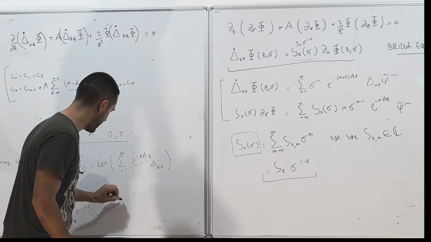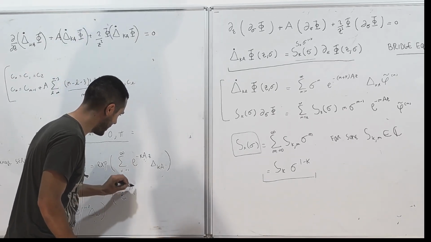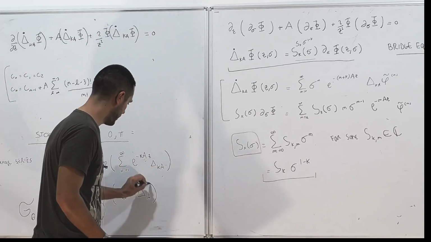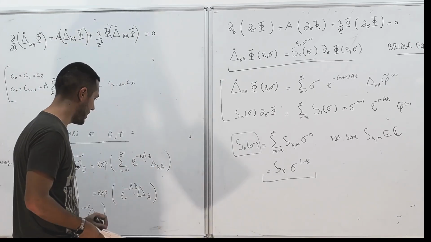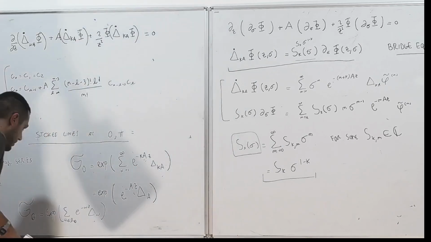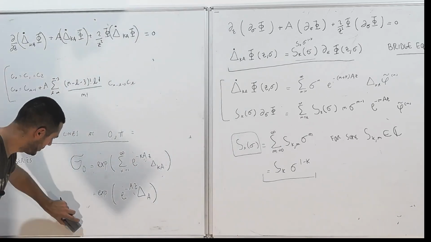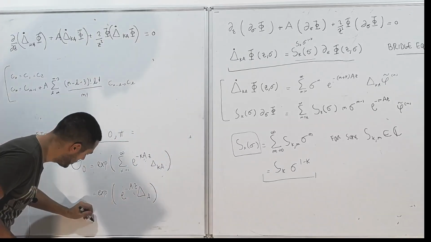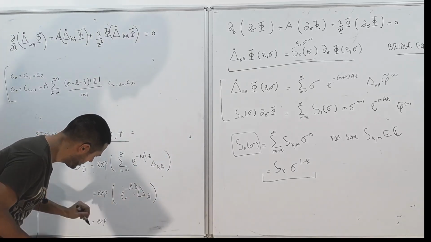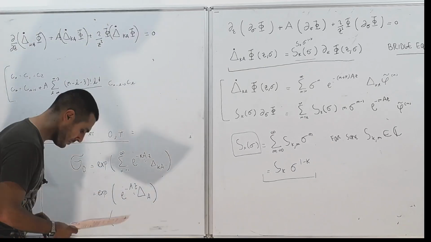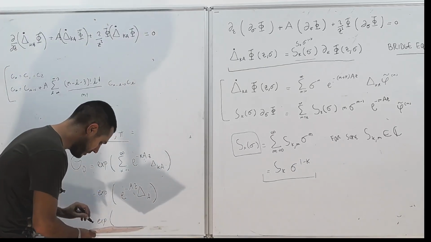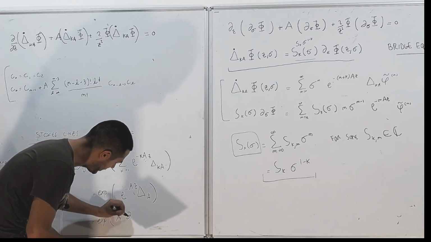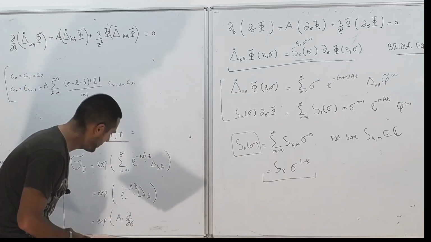So it's just e to the minus az delta a, which is equal now, using the bridge equation, to the alien derivative with respect to sigma.